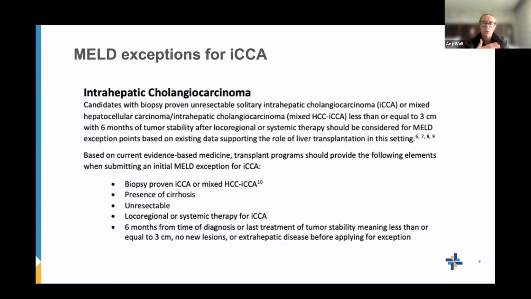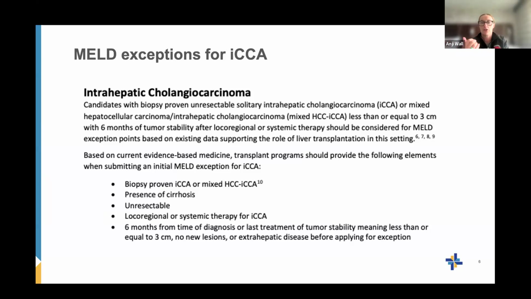With HCC, you have a standard exception. If you meet X criteria, that person gets standard exception points, which is median MELD minus 3 at transplant. Intrahepatic cholangio is not a standard exception. You have to write a narrative, and you have to show that the patient's tumor is within all of these different criteria.